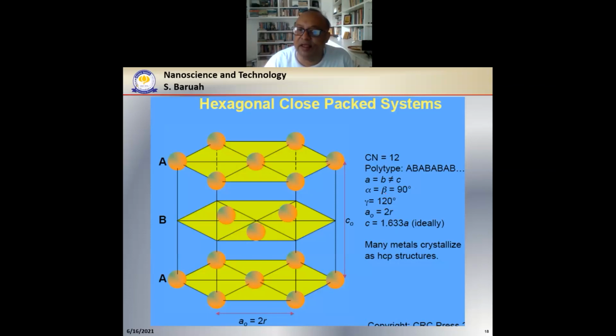They are not the same, as you can see. 2 sides are the same, A and B, but it's not equal to C. Similarly, alpha and beta are the same at 90 degrees, but gamma is 120 degrees. So these are different variations. This is how a crystal varies. This is just for your knowledge that these types of crystals can also be there, as unit cells can be like this for different crystals.